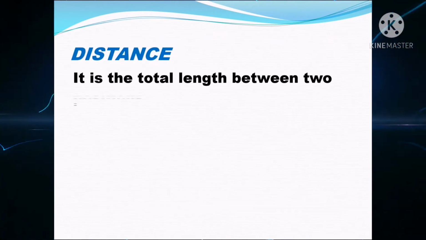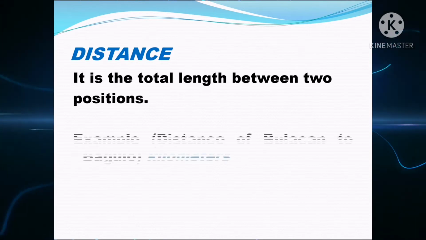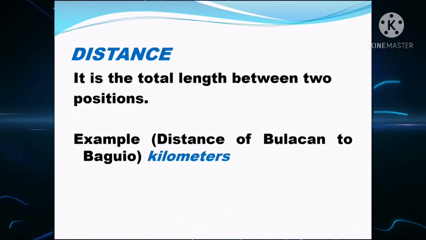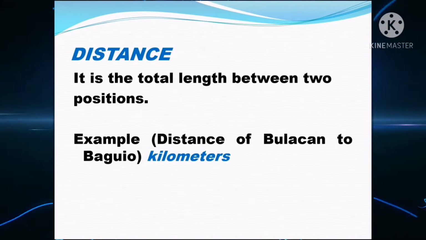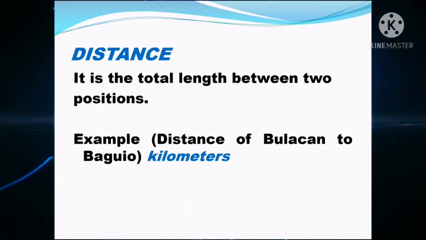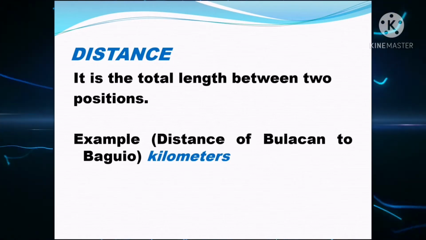Next we have distance. Distance is the total length between two positions. For example, the distance of Bulacan to Baguio. So the distance of Bulacan to Baguio is more or less 225 kilometers.